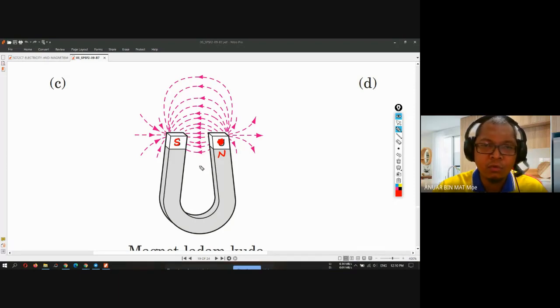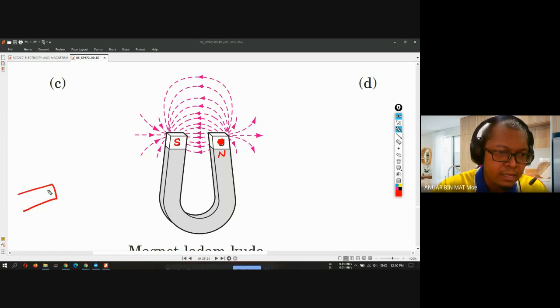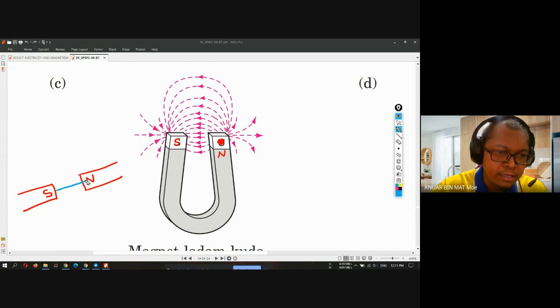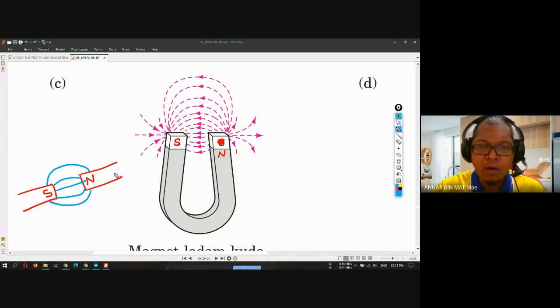So how do you draw the magnetic field when there is an attraction? You just draw it like this. For example, if I draw here another piece of magnet, this is south and this is north. I just use the blue line over here. Draw it like this, meaning that they are attracting one another. So how about the arrow?